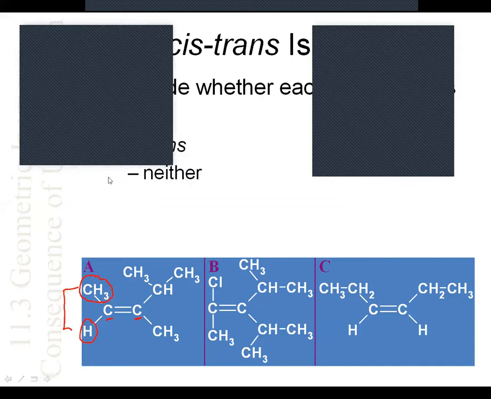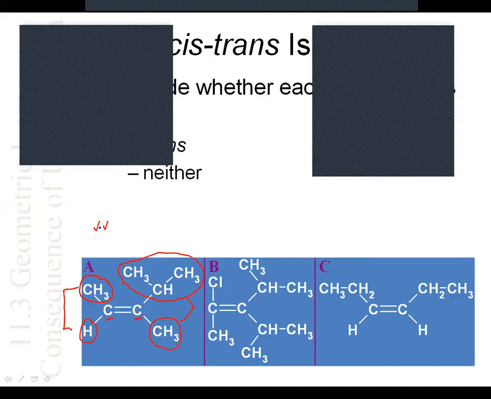When we look at the other carbon, this entire thing here is a group, it's isopropyl. And this guy over here is a group. And these two guys are also different. So that's a check and a check so far in terms of could it be cis or trans.